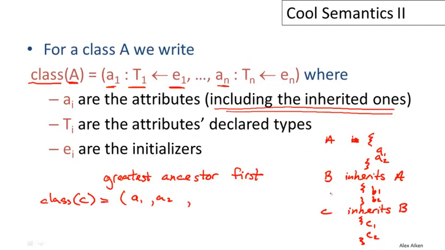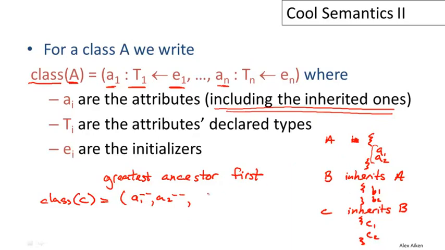It's the closest to the root of the object hierarchy. The attributes within class A, or within any class, are always listed in the order in which they textually appear. So first comes A1 and A2. Of course, the type and the initializer are also listed here for both of these attributes, but we're just concentrating here on the order in which the information appears.